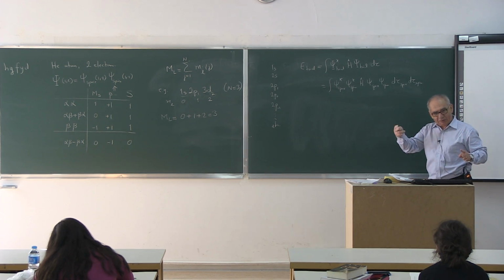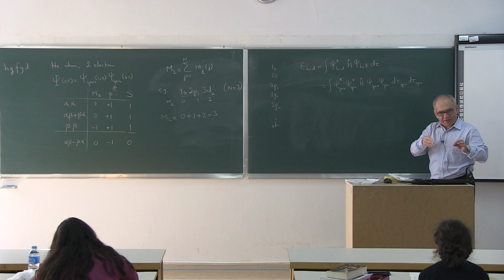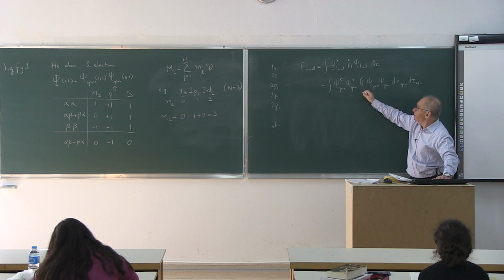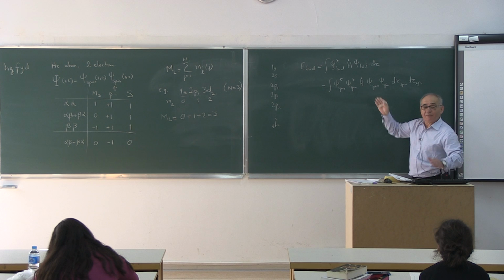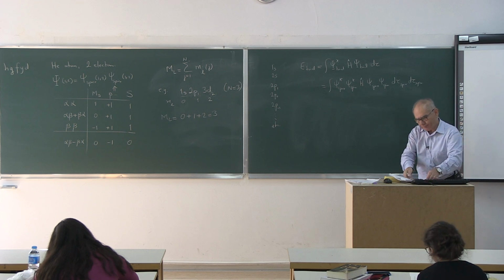There are 2 electrons here, so the total number of spin variables is 2. The remaining 3 plus 3, 6 variables are space variables. Because this Hamiltonian doesn't contain spin variables, this integral is factorized as a product of 2 independent integrals.